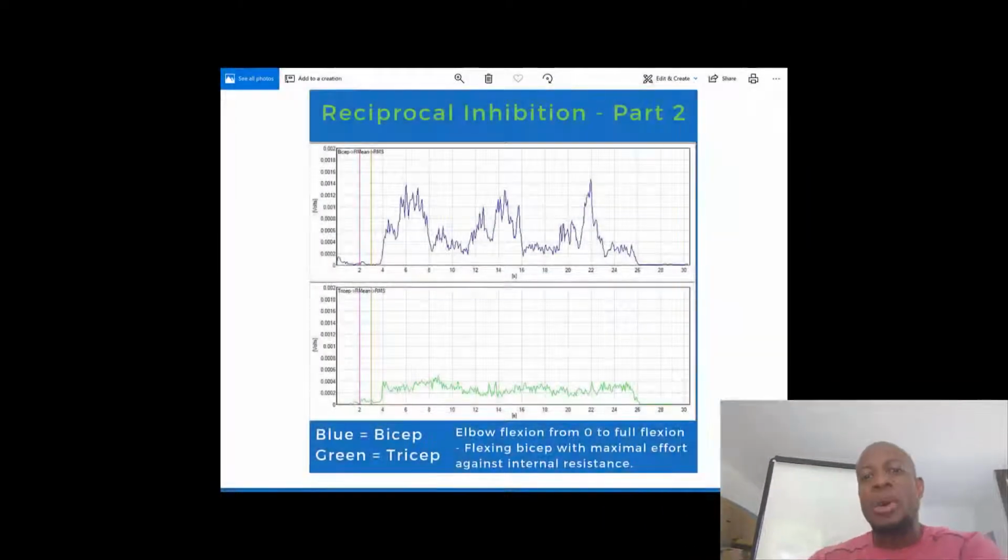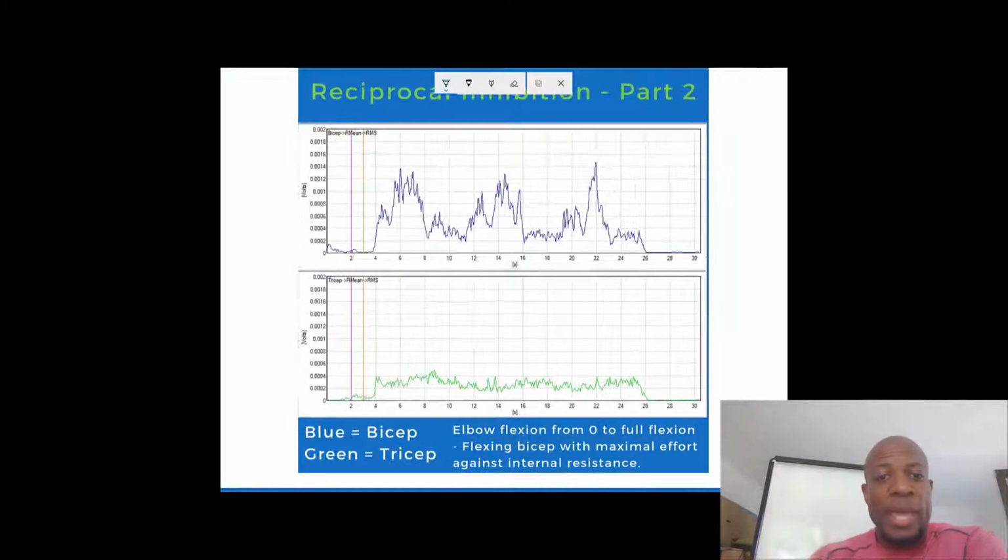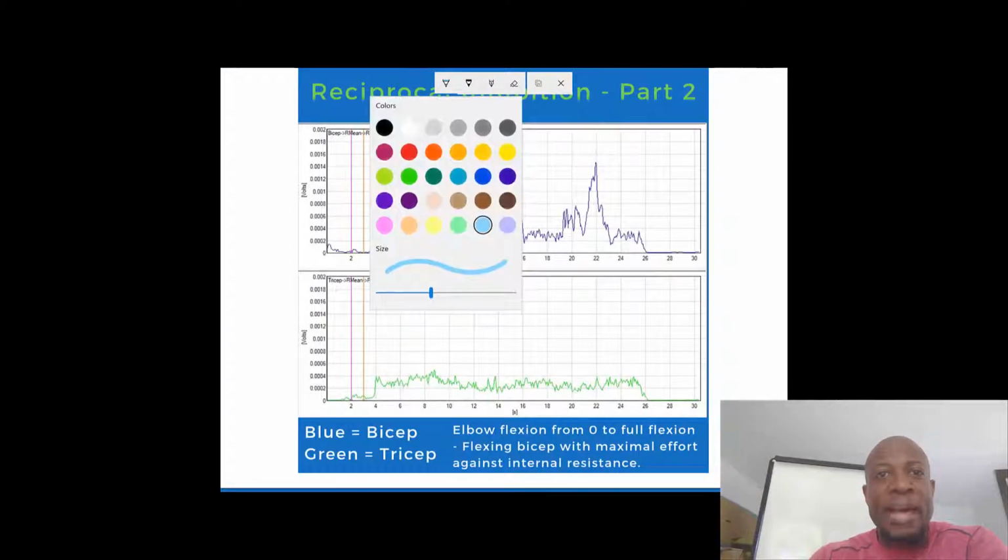Okay. We're going to do another bicep curl, elbow flexion. And this time we're going to use a relatively light load, 15 pounds, but I'm going to pretend like it is 100 pounds. So I'm really squeezing really hard with that bicep. Now check this out. Look at the tricep, okay? Instead of having that typical undulating pattern that we saw that was pretty distinct before, this is a lot more flat, right?